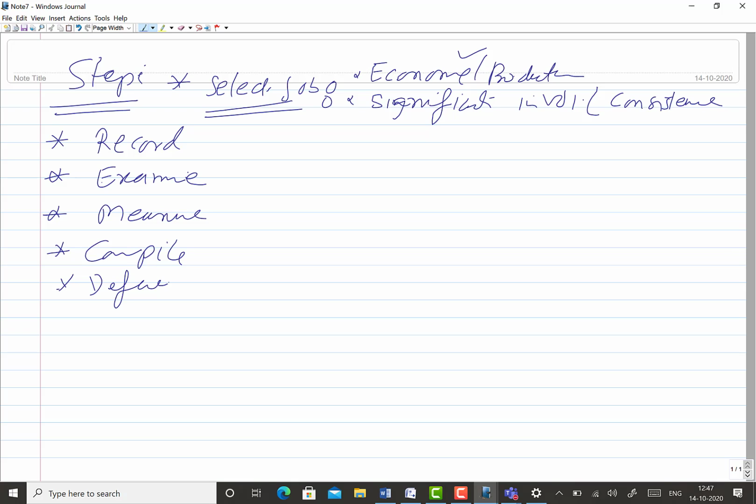The second is significance in terms of the volume or the consistency of the job. It means the job should be repetitive in nature. Then, where you apply work measurement, there should be some way to quantify the output. There should be some measurable output.